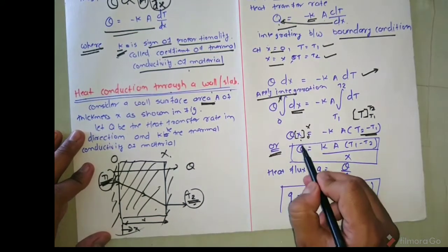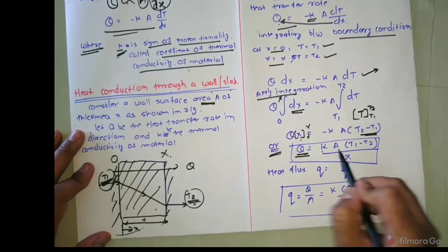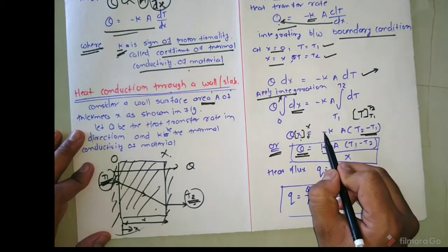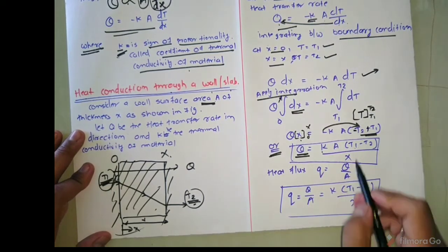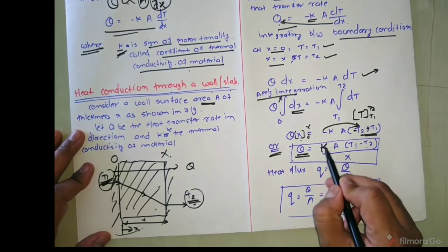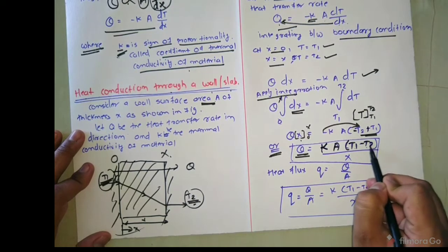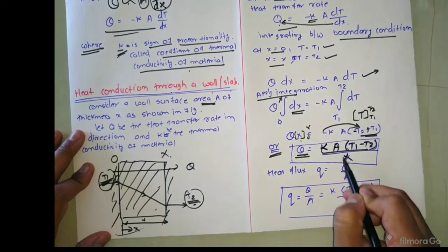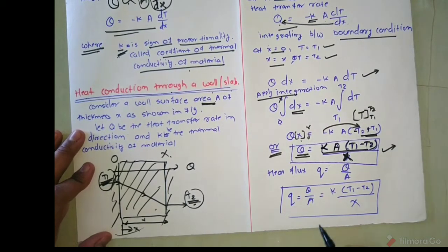When we rearrange this equation, the minus sign goes inside, T1 is positive, T2 is negative. So Q is equal to K A (T1 minus T2) divided by x: the thermal conductivity multiplied by the area and the temperature difference, divided by the thickness. This is your heat transfer rate equation.